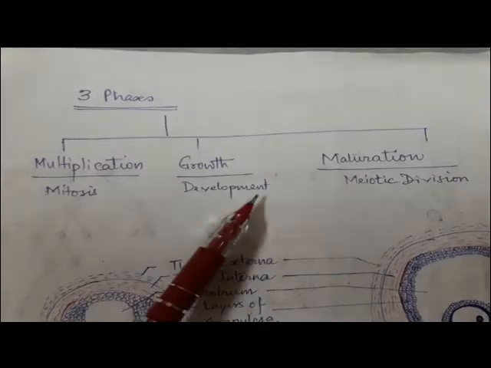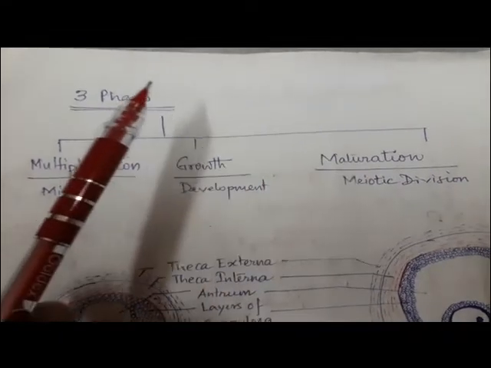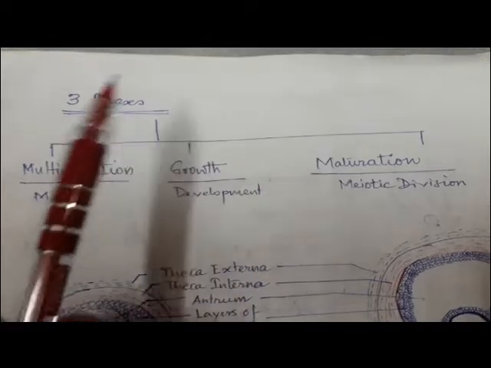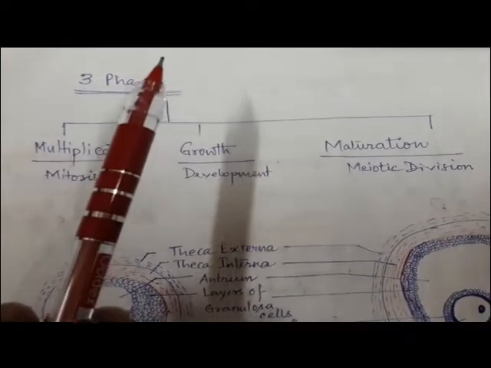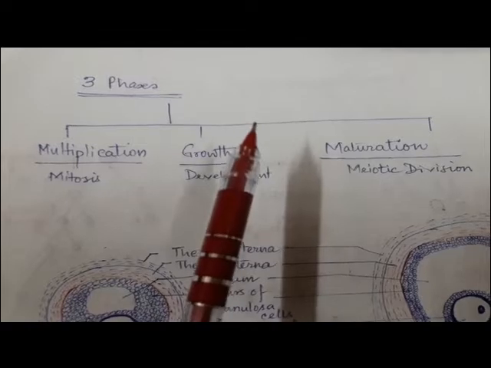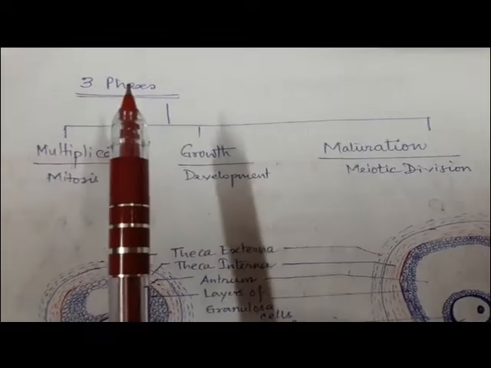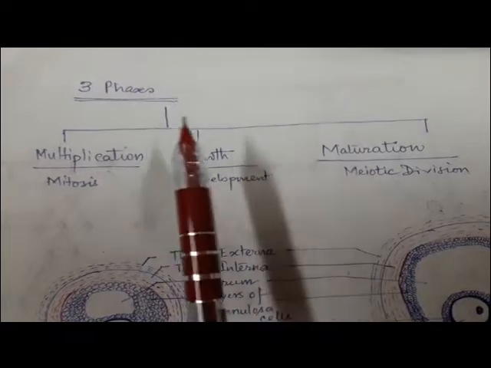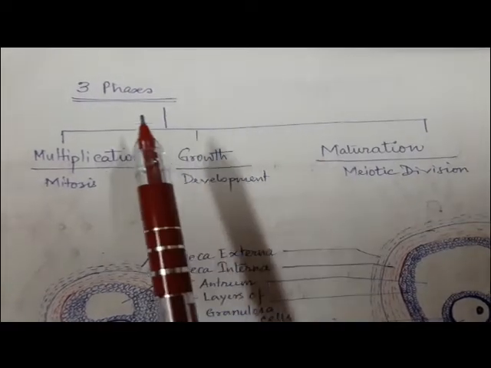Oogenesis is the process of formation, development and maturation of the ova, right, from the germinal cells. This process begins in the early fetal condition only.